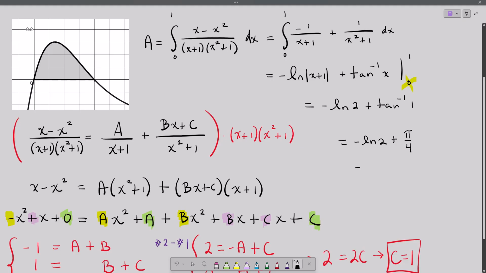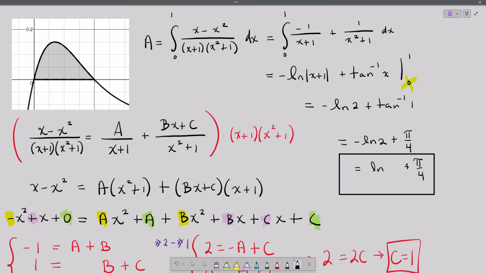If you wanted to get rid of this negative coefficient, you could. You do not have to. But if you wanted to showcase your log properties, what would that turn into? Natural log of what? Natural log of 1/2. Okay.